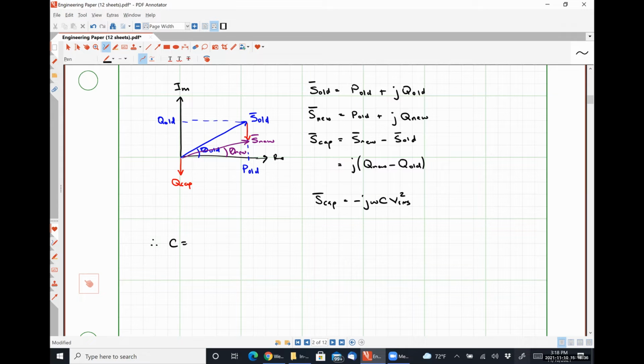So from that, we can say that C is equal to negative Q new minus Q old divided by omega V RMS squared, which is the exact same thing as P old times the tangent of theta old minus the tangent of theta new, divided by omega V RMS squared.